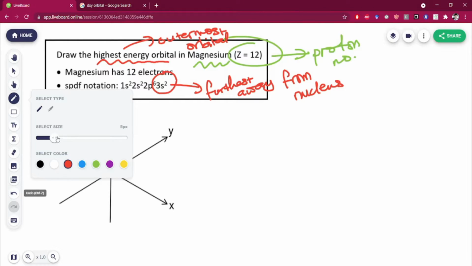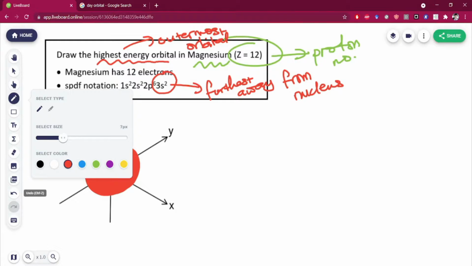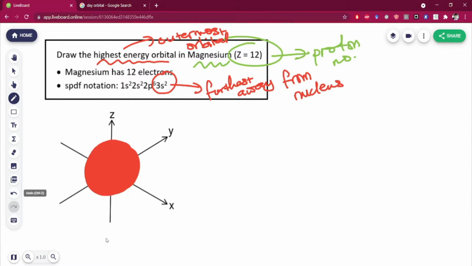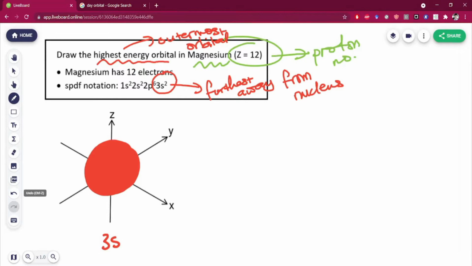So when you draw that, 3s, okay, and then to get your full mark, you need to write 3s orbital underneath your shapes. So in exams, you'll get 1 mark for this, and then 1 mark for the label underneath.